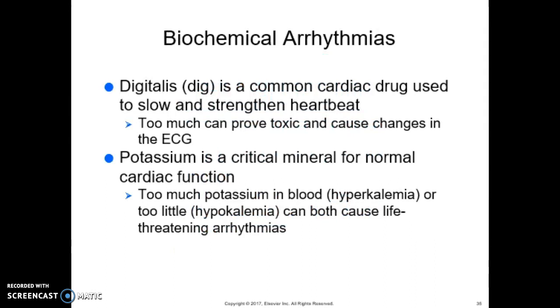Biochemical arrhythmias. Digitalis is a common cardiac drug used to slow and strengthen the heartbeat, but too much can prove to be toxic, and it causes changes in the ECG. Potassium is a critical mineral for normal cardiac function, and too much potassium in the blood or too little can both cause life-threatening arrhythmias.